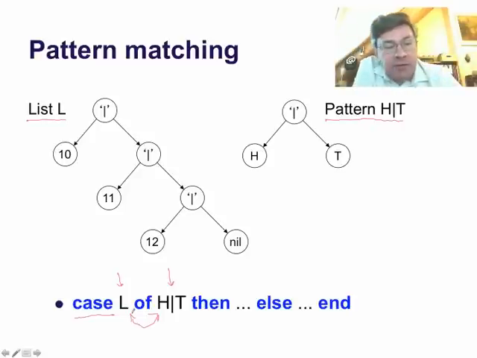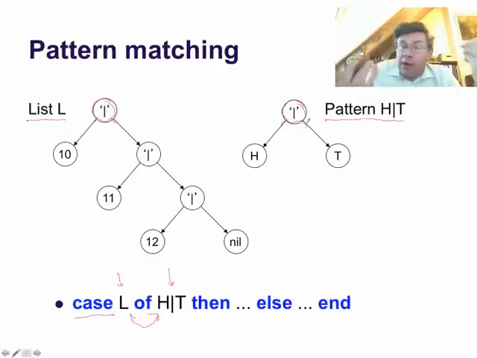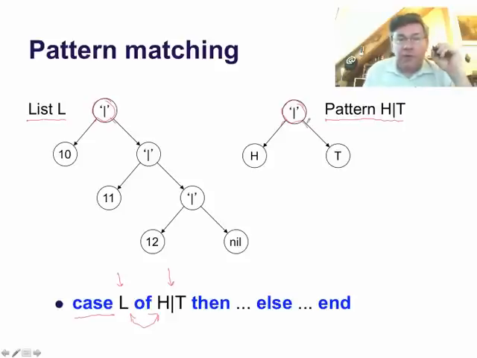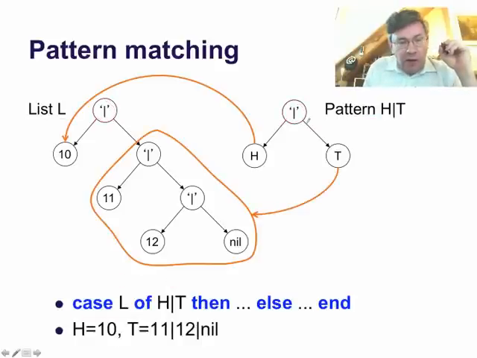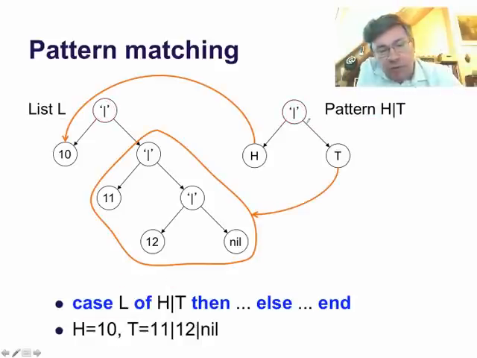And the way the comparison is done is it's going to compare first the roots. If the roots are the same value, bar equal bar, and the same subtrees, then the pattern matching can continue. So that's the case here. And then it goes on. And then what happens is it tries to match the H to whatever comes down on the left-hand side of the bar, and the T to whatever is on the right-hand side.